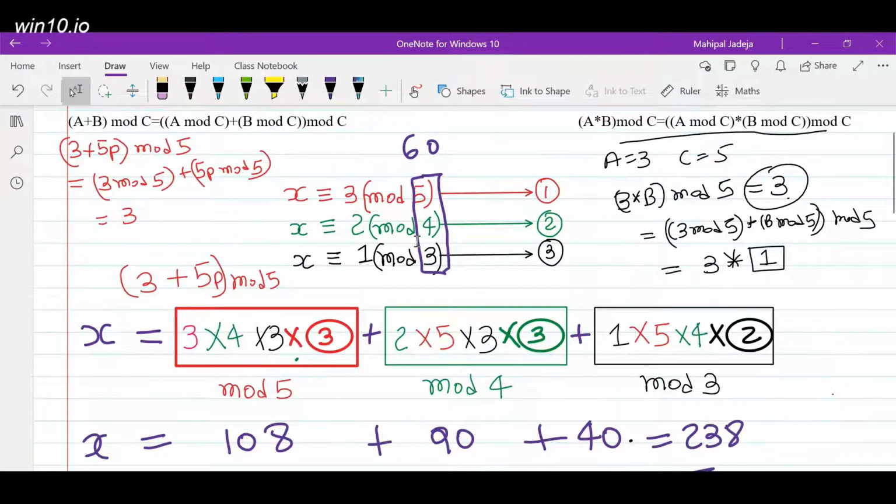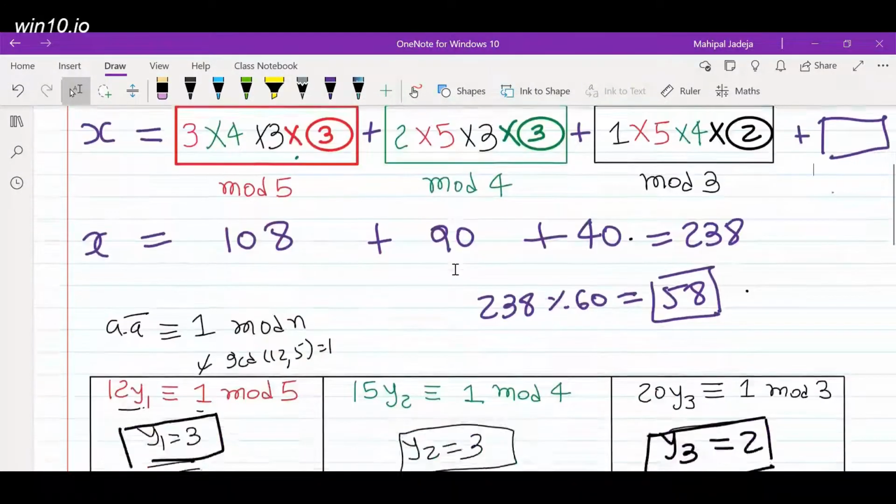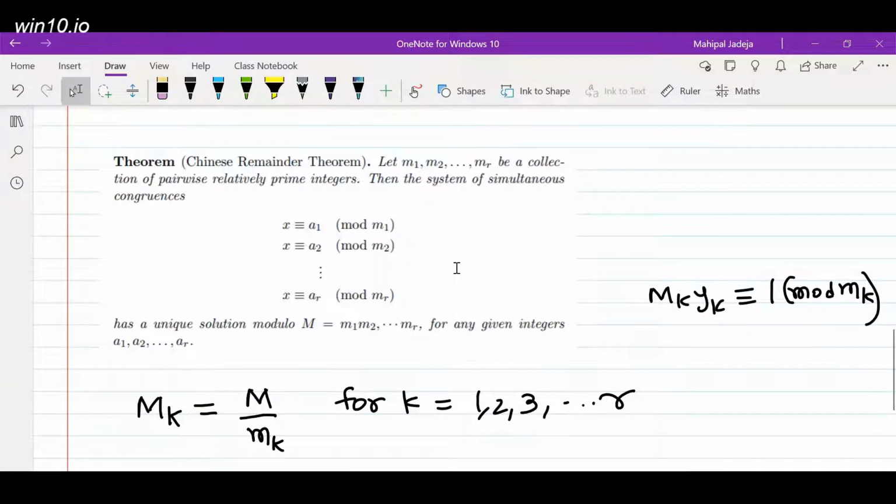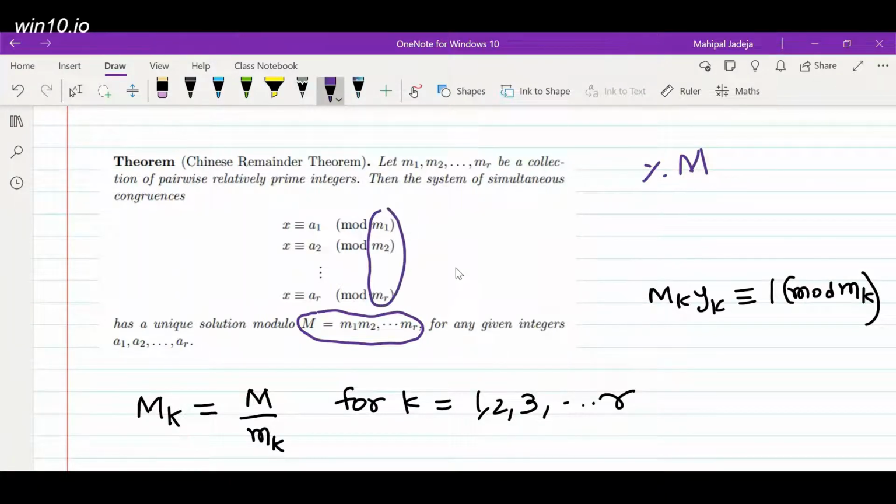So if 4 equations are given, then one more box is required like this, and the same trick will work. And if we want to write it down formally, then formally we are doing this. First we are finding out this capital M. If you remember, in the very last step we have performed this modulo M, right? So modulo M is nothing but the multiplication of all these values, right?